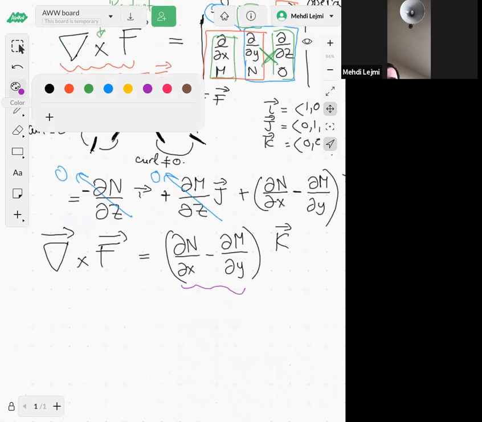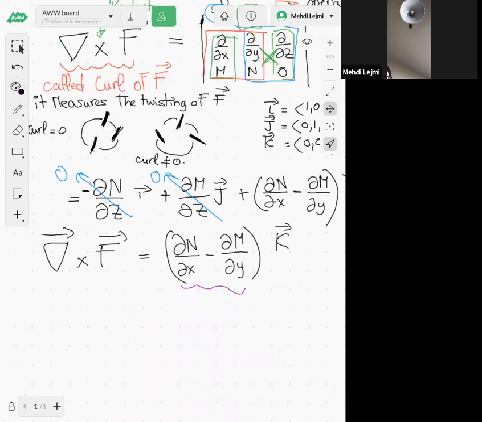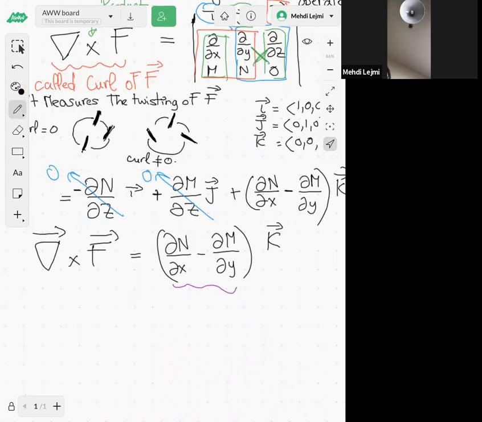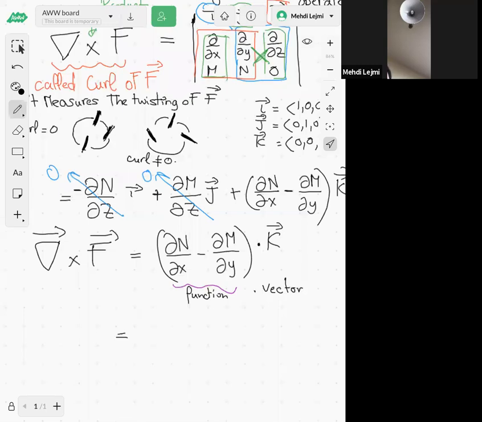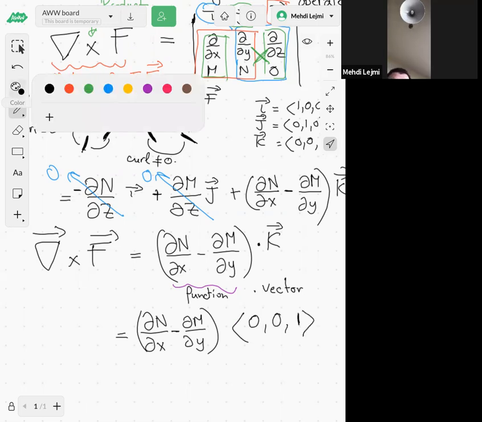Anyway, this is a vector, of course. When you do a cross product, this would be the vector. So this is a function, and you are multiplying this function by this vector, function times a vector. So it's like saying you have this partial n, partial x minus partial m, partial y times the vector 0, 0, 1. Right, that's my k. And how do we multiply a function by a vector?